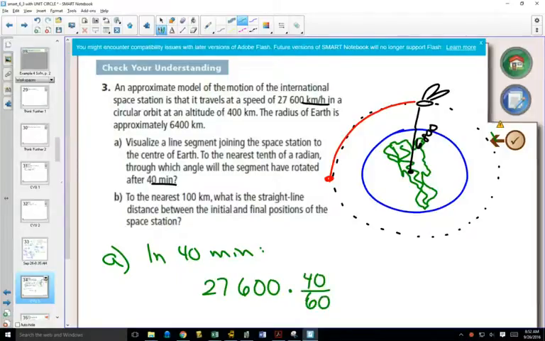And if we look at what proportion of an hour that would be, 40 out of 60 would be the proportion of the hour that you're traveling. So when we multiply those together, 27,600 times 2/3, we find out that in the 40 minutes we've traveled 18,400 kilometers. So I can label that, that's this red line.